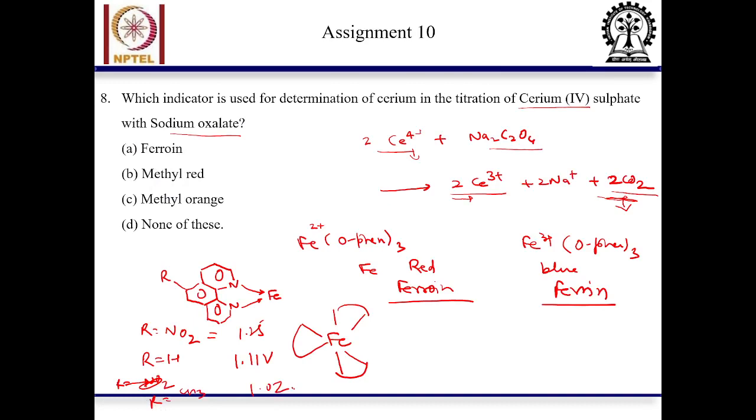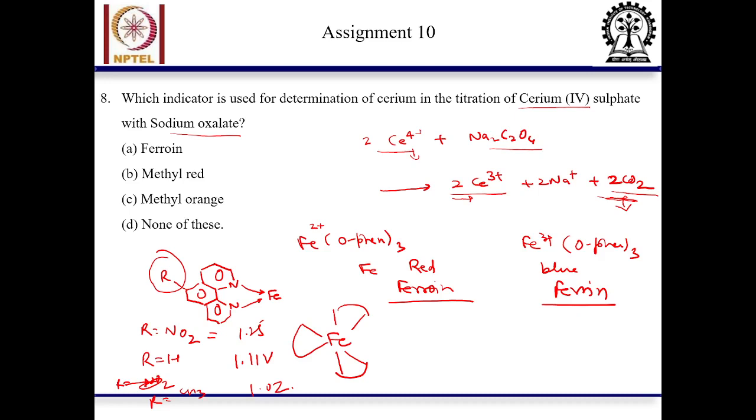Because the main idea is, once you substitute an electron withdrawing group or an electron donating group, you can change your redox potential. Electron withdrawing group will stabilize the LUMO, so ultimately you will go to a more positive potential, and electron donating group will stabilize your HOMO, so ultimately you will go to a lower voltage. So this is your concept here.